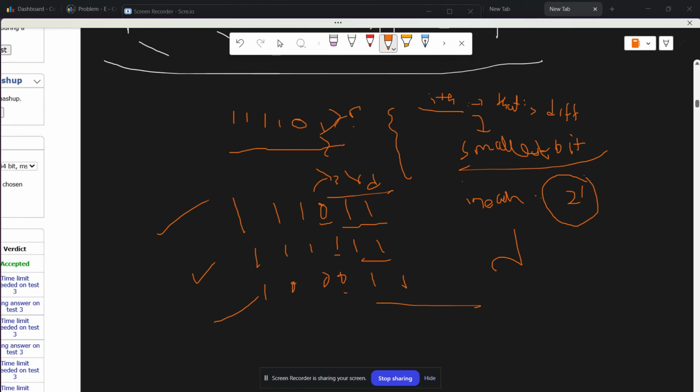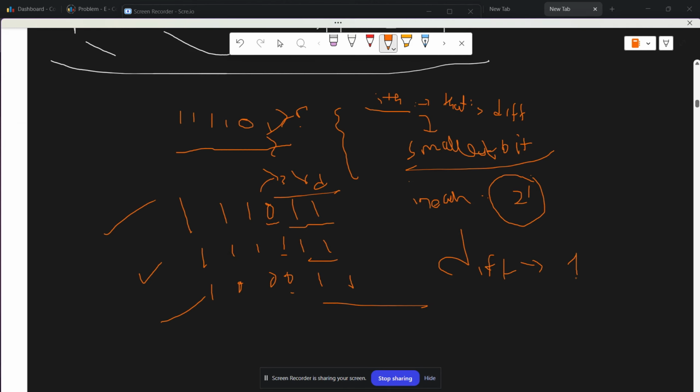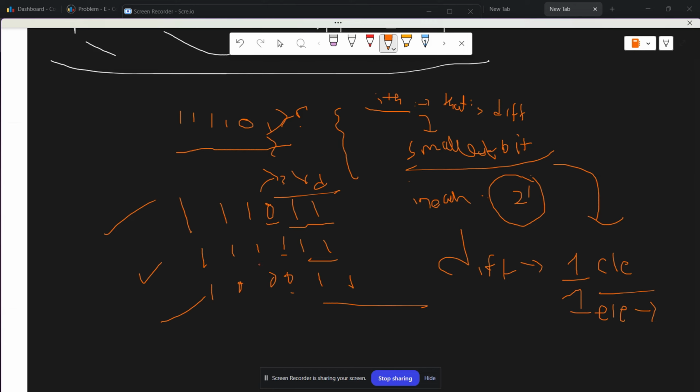By saying different, I mean it is different in at least one element. The ith bit is the smallest bit that differs in at least one element's binary representation. So here it is different in the third, so our answer would be 2 raised to 3.